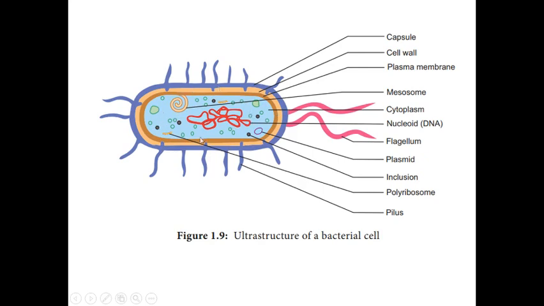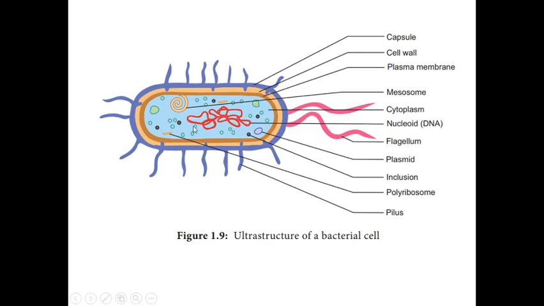Now when we discuss the cytoplasm, it is a thick and semi-transparent fluid, and it contains ribosomes, chromosomal DNA, and cell inclusions, cytoplasmic inclusions like glycogen, poly-beta hydroxybutyrate granules, sulfur granules, and gas vesicles.